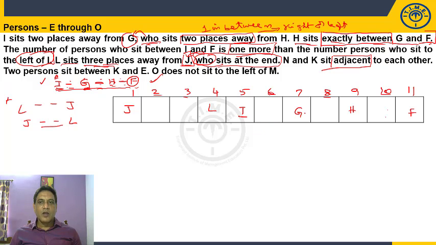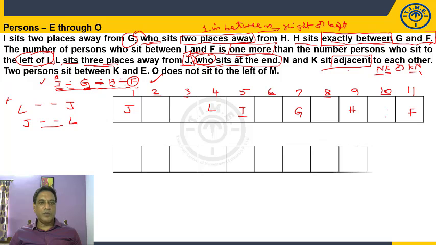But here, we do not know whether it should be NK or KN. We are not sure. We have 2 cases. So let us make one more arrangement quickly. J, L, I, G, H, F. So N and K should be in 2 and 3.